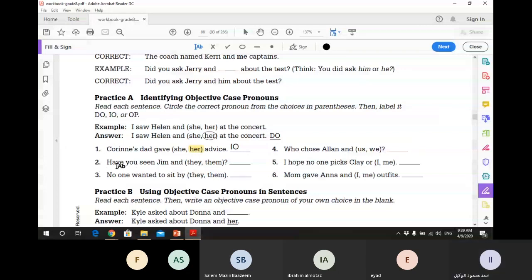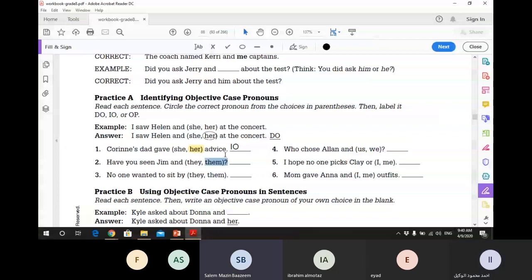Number 2, have you seen Jim and they or them? It's a compound what? Subject or object? Object. Yes, compound object.